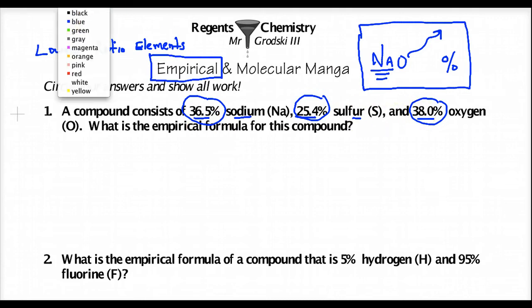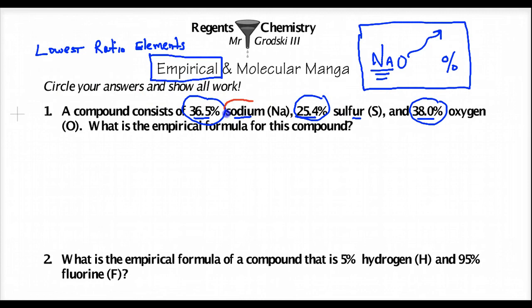But what I will tell you is that if the compound is ionic, for instance, I see a metal here, sodium, sulfur, and oxygen, this gives me the idea that this might be an ionic compound with the presence of a metal in the compound. Ionic compounds make crystals, and those ionic compounds can only have the lowest ratio of ions.